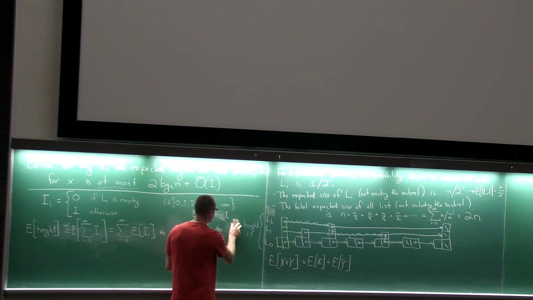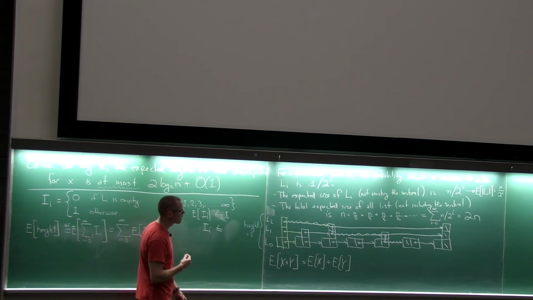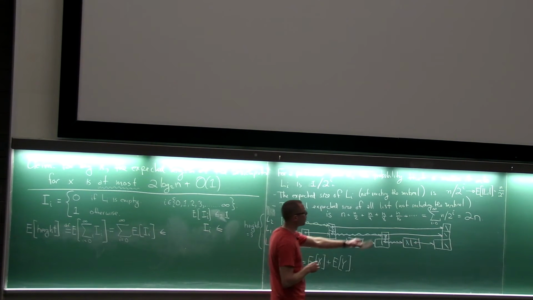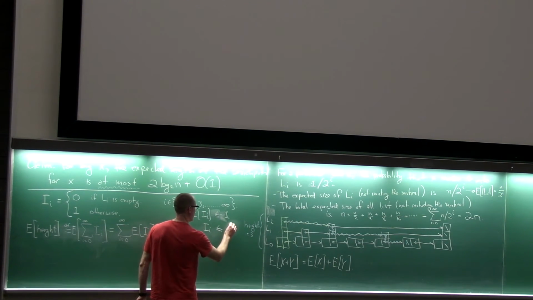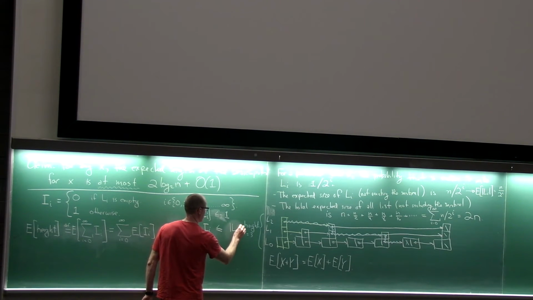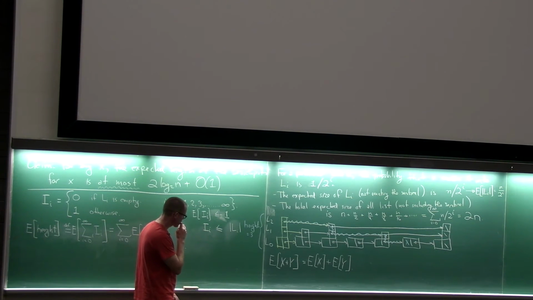Aha. So you say n over 2 to the i. It's not quite true, but I think what you're trying to say is you're trying to skip a step and say, well, the length of the list is less than n over 2 to the i, and what we know about I sub i is it's less than or equal to the length. Let's reason that through for a second.